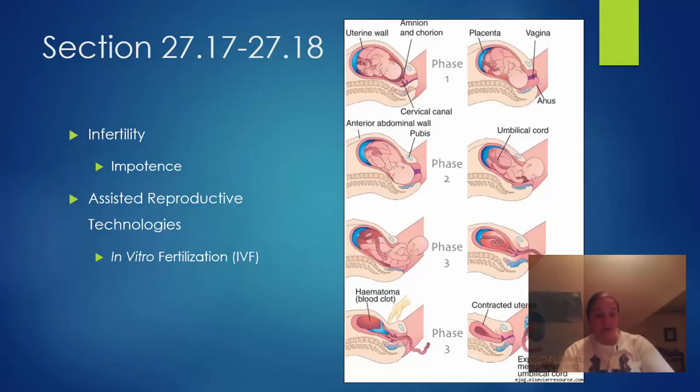That way, a fertilization specialist, a doctor with a careful specialty in this, can just guarantee a successful fertilization. And then one of those newly formed zygotes is re-implanted inside the mother's body, and her body then takes over from there to take care of the embryo.